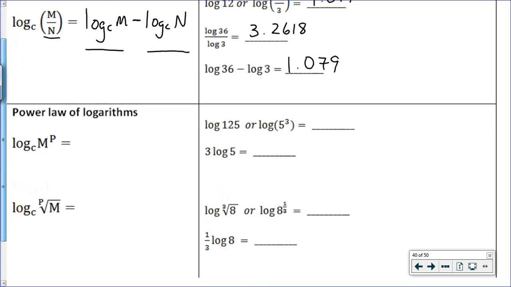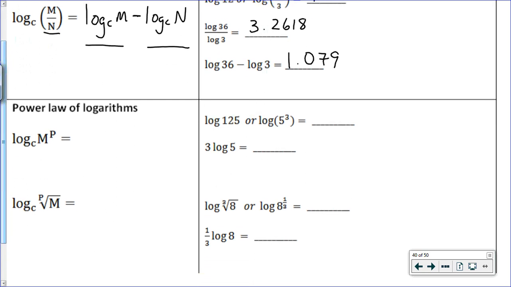And then down here, the power law of logarithms. I've got log base 10 of 125, or log of 5 cubed. And both of these turn out to be 2.096. And then down here, in this other one, where I've got 3 times log 5, I end up with the same 2.096.